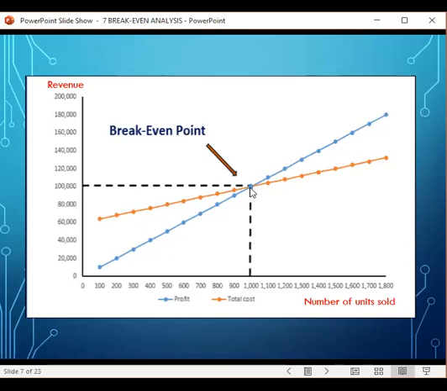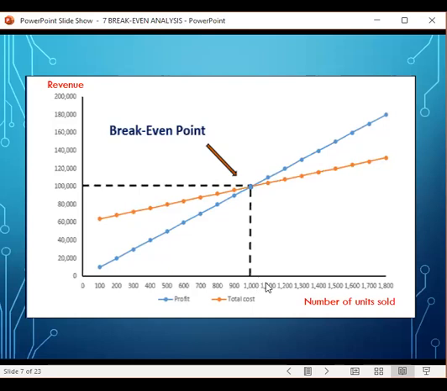Now, on a certain point, there is an intersection between these two lines. The intersection of the profit and the total cost is the break-even point. So this point here would have a coordinate of 1,000 and 100,000 pesos. Okay, 1,000 and 100,000 pesos.